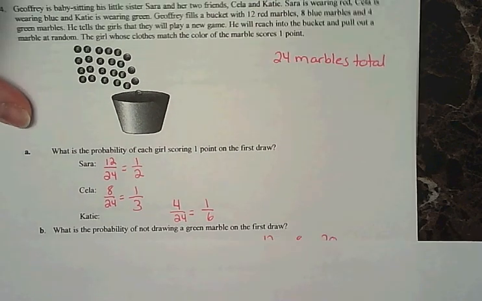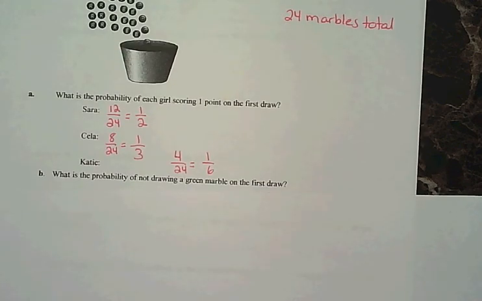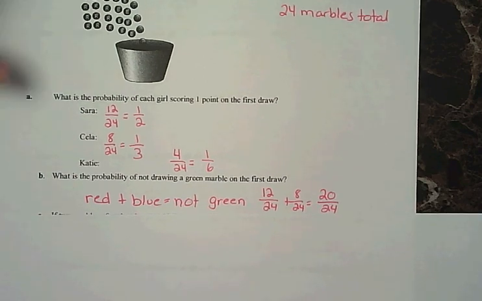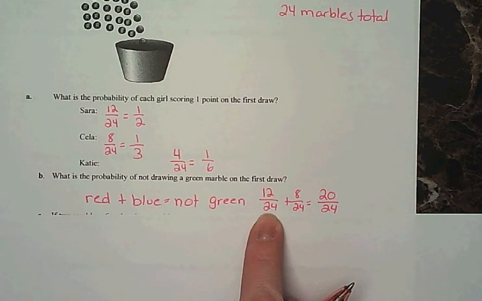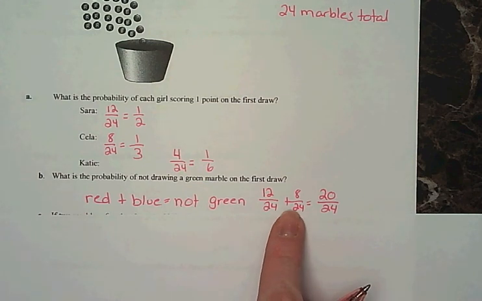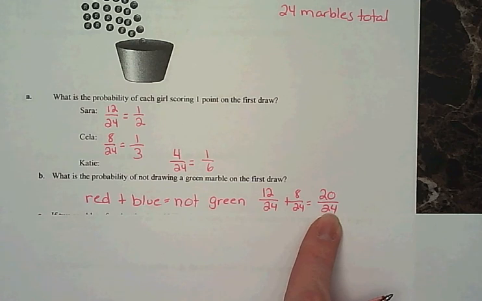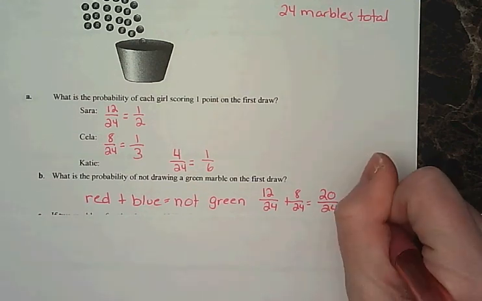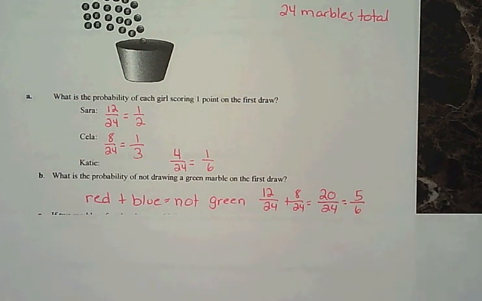Letter B, what's the probability of not drawing a green marble on the first draw? The ones that are not green are red and blue. So red is 12 out of 24 and blue is 8 out of 24. So it should be 20 out of 24. And if you simplify that, 4 can go into both, which is 5/6.